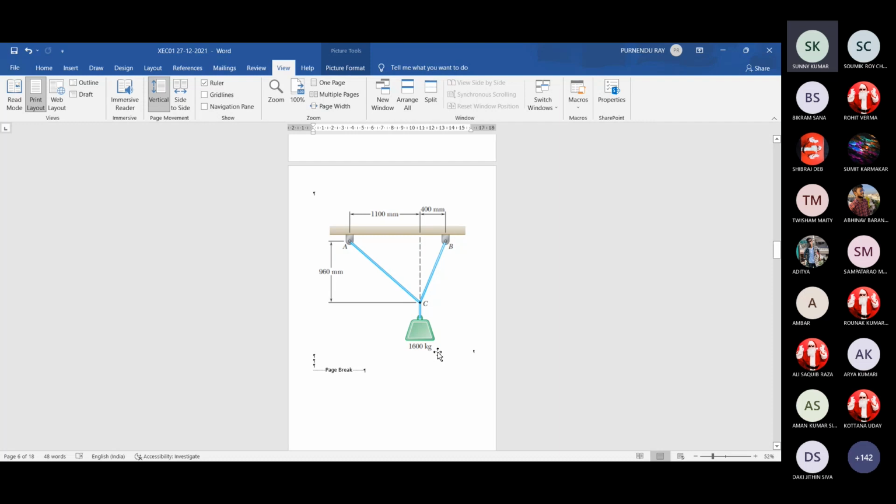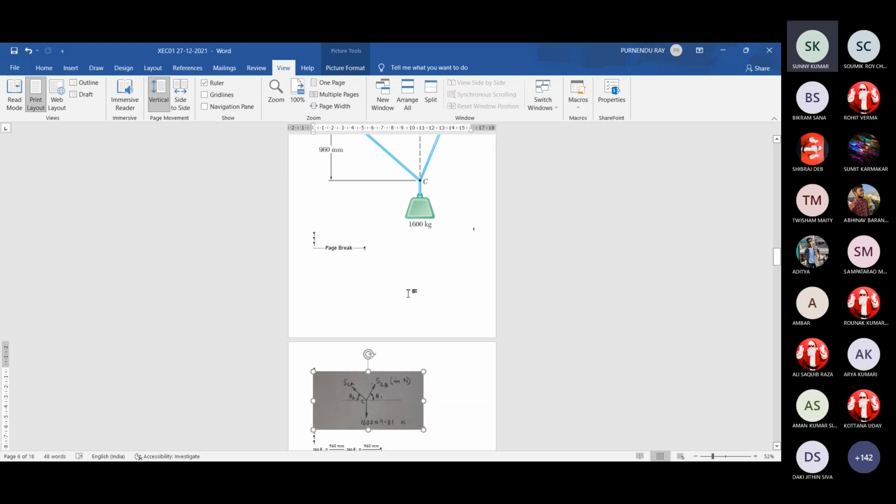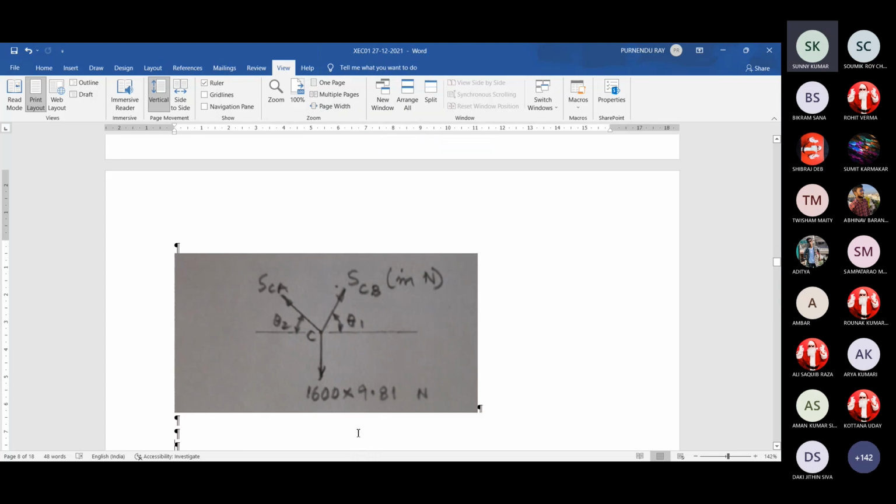So 1600 kg multiplied by 9.81, in the form of Newton, and these two are the unknown forces, and we have drawn this free body diagram.